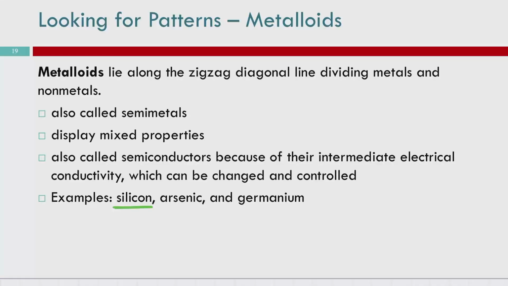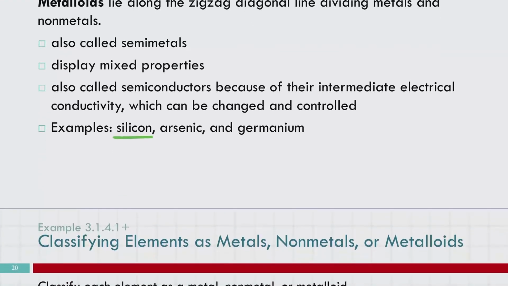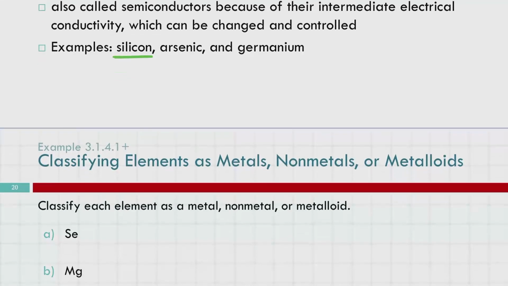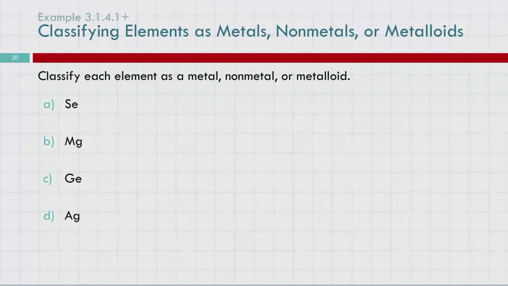Silicon is usually one of the backbones of electronic devices. If you're going to know one semimetal, one metalloid, one semiconductor, it should be silicon. Otherwise, we don't really deal much with metalloids. All right, let's classify each of these elements as a metal, nonmetal, or metalloid.